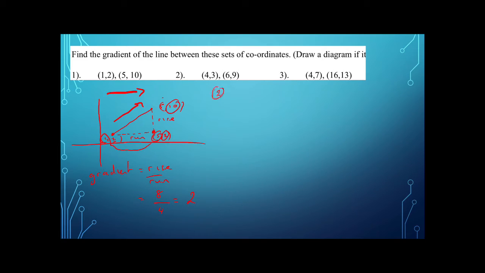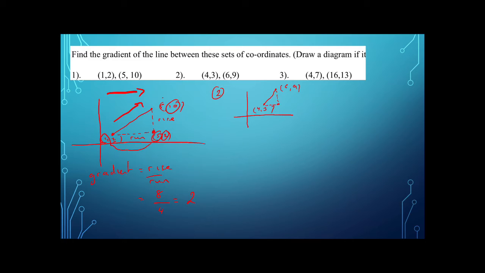Now question 2, again I'm going to draw a sketch so I can see what's going on. 4, 3, why don't I put that there? 4, 3, and then 6, 9 I'm going to put here, and we've been asked to find the gradient between those 2 points.